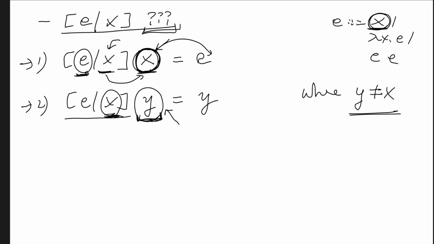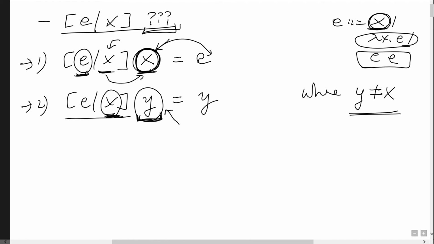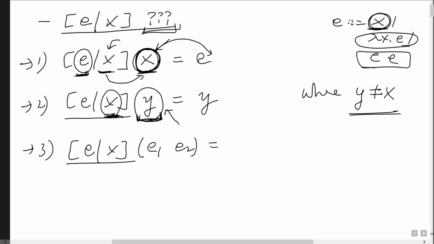Because the most challenging case is the lambda abstraction, let's first talk about the application. We'd like to apply this substitution to an application E1 applied to E2. And this case is easy because it's just a matter of recursively applying the substitution to individual expressions.